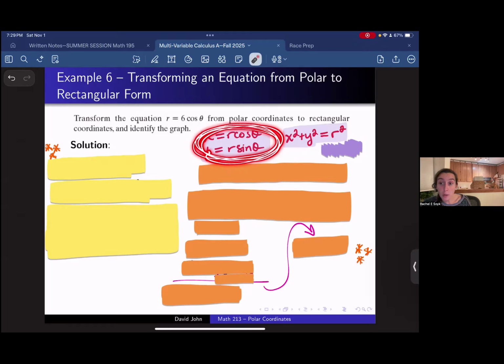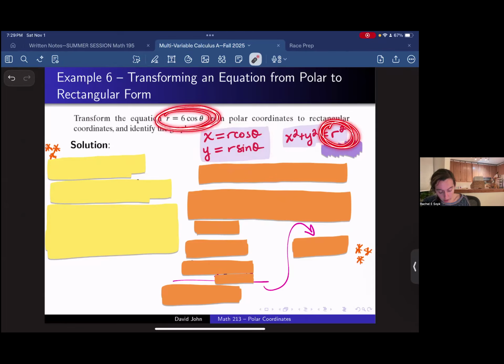And we know, oh, a Pythagorean identity, cosine squared theta plus sine squared theta is just 1, is equal to our r squared. Well, what is r squared here? r squared is just our 6 cosine theta times r.